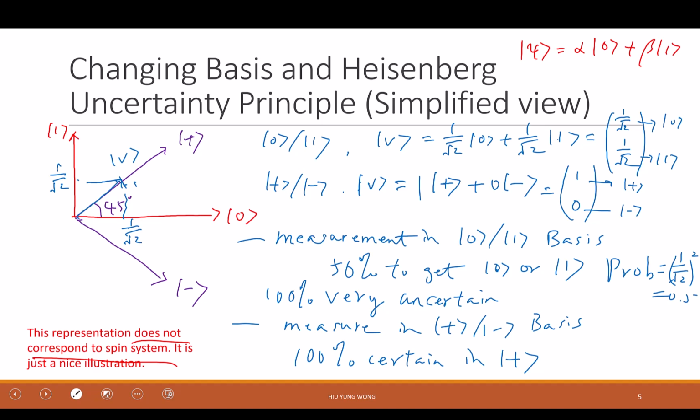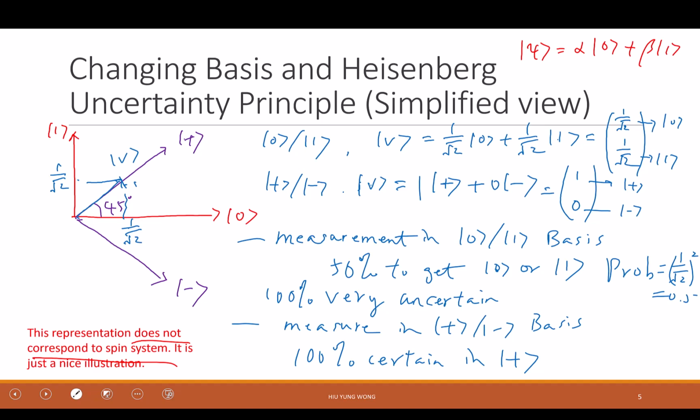Energy and time is another pair. In qubits, like a superconducting qubit, the number of Cooper pairs and the phase are a conjugated pair. So if you can measure the location of an electron exactly, then you lose all the information about its momentum.